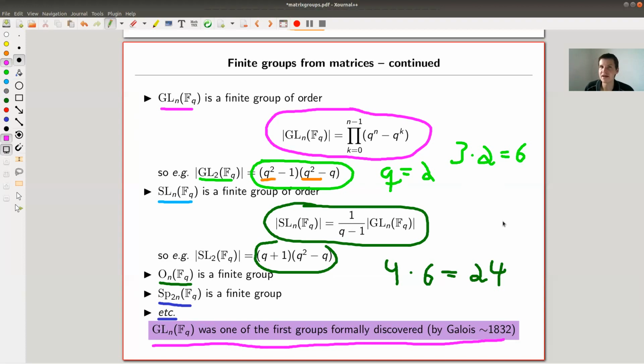What I mean here is, in the sense of group theory, GLN FQ was one of the first groups ever discovered. So Galois discovered them, and he wrote a letter to Chevalier, I think, in roughly around 1832, which is a long time ago. That's almost 200 years.